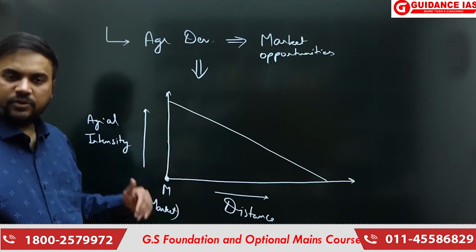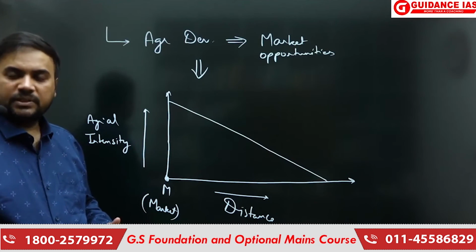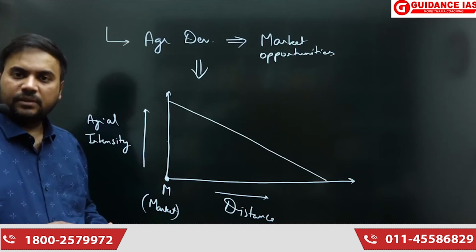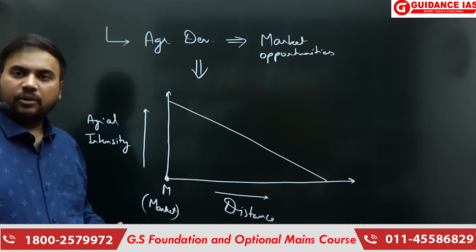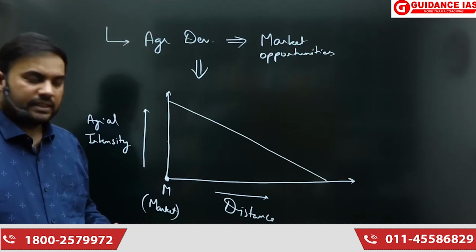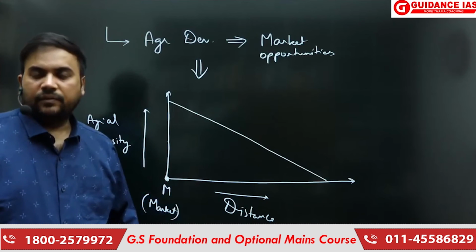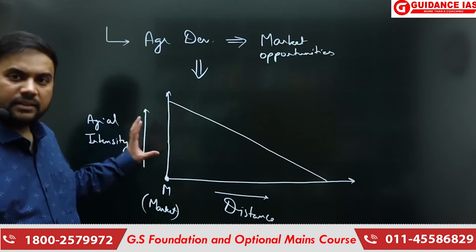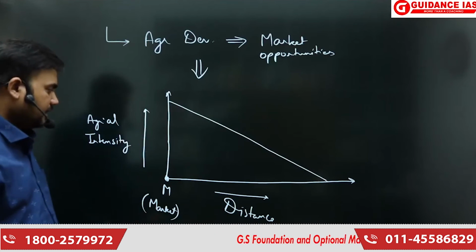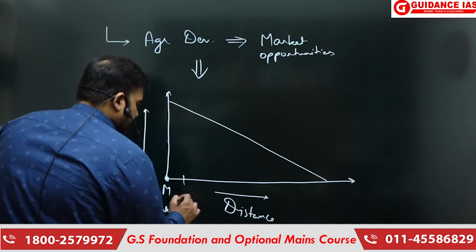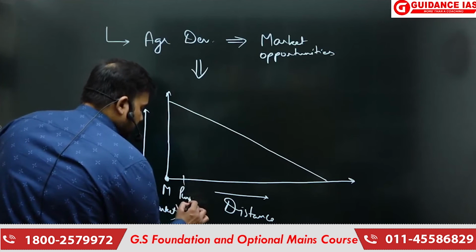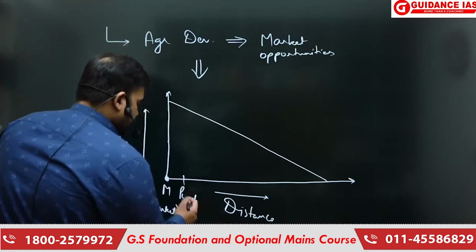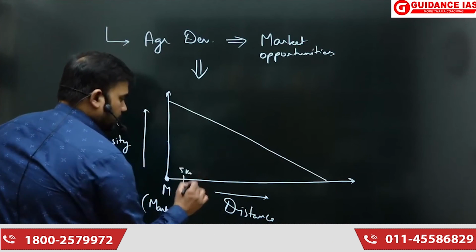Okay? And because of that, in case of Punjab, the average distance of the APMC mandis is below 5 kilometers from the farms, and as a result we find that there is more agriculture development. In this very diagram I can keep, for example, Punjab here, at 5 kilometers.